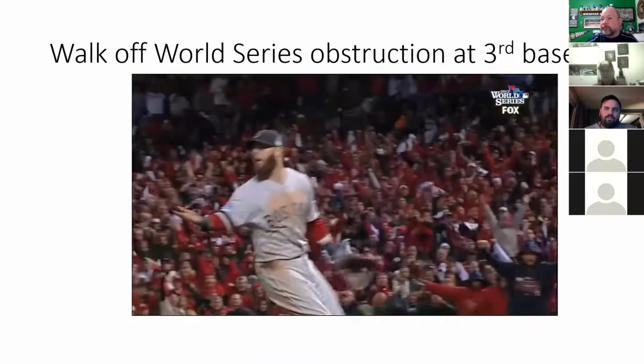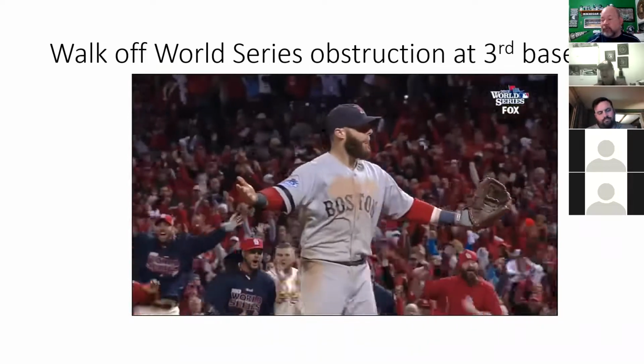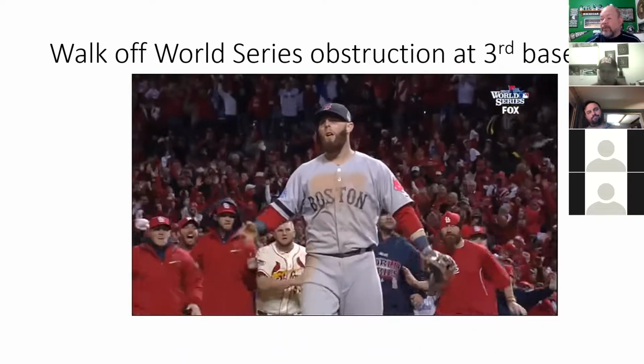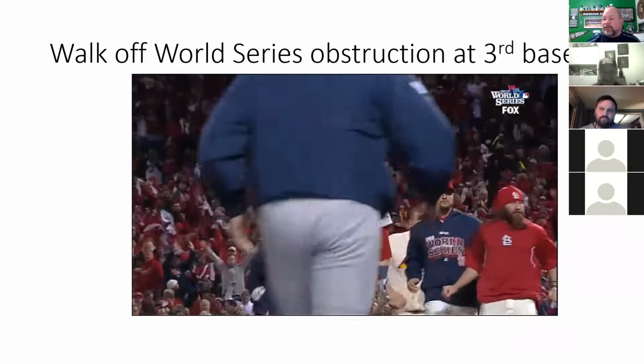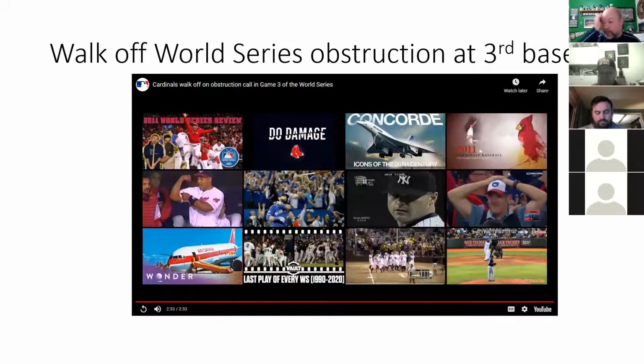Yeah, but did the third baseman just look to see where the runner was and then put his legs up? I'm sure that's what he did. All I know is, if he had just left his legs down on the ground, would they still have called obstruction? In that situation, it would depend on whether, with his legs flat on the ground, he would still have impeded the runner or made contact.